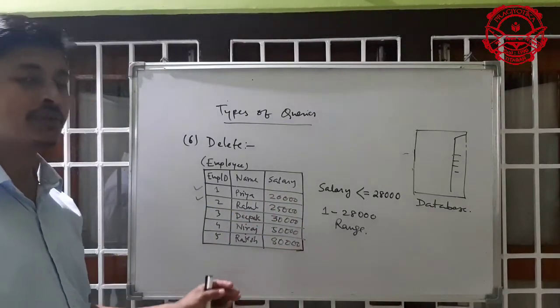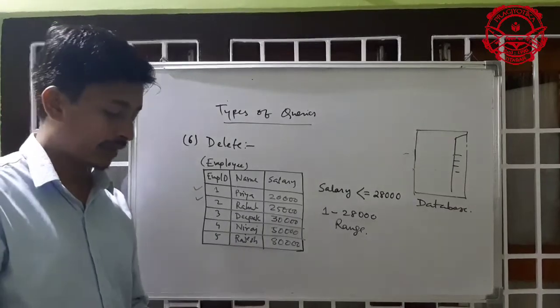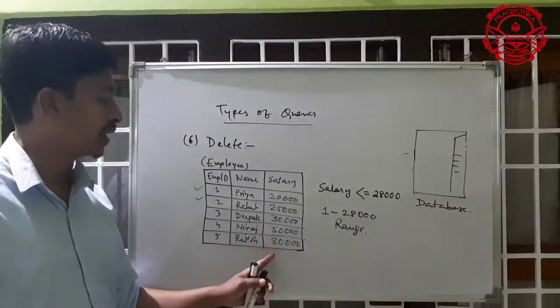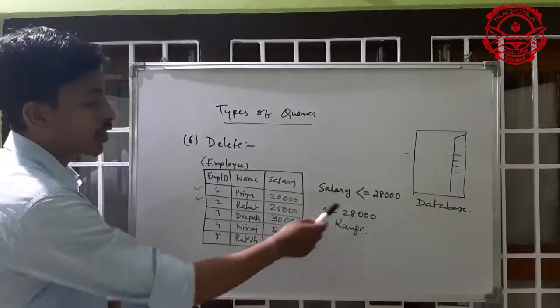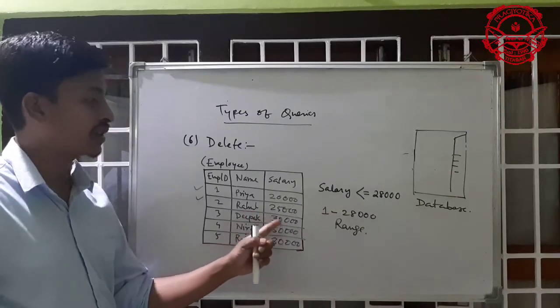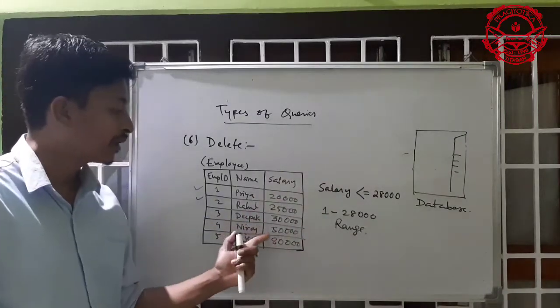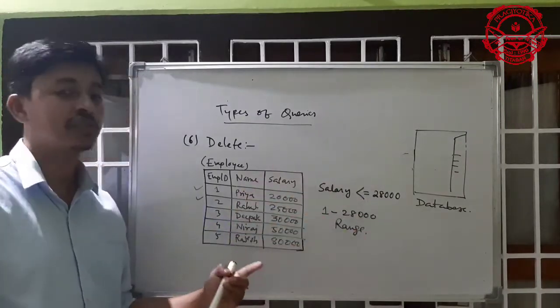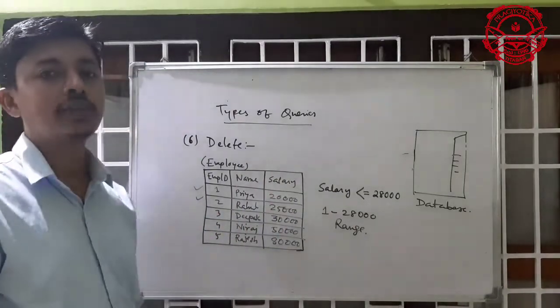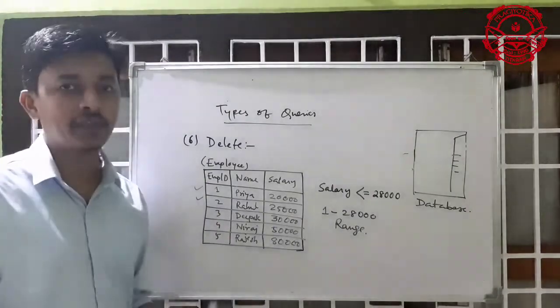If you delete all information, just delete the table also. So Deepak, Neeraj and Rajesh will not be deleted because their information does not satisfy this query. Deepak's salary is 30,000, it is more than 28,000. 50,000 is more than 28,000, and also 80,000 is more than 28,000. So that's why their information is not going to be deleted from the database.